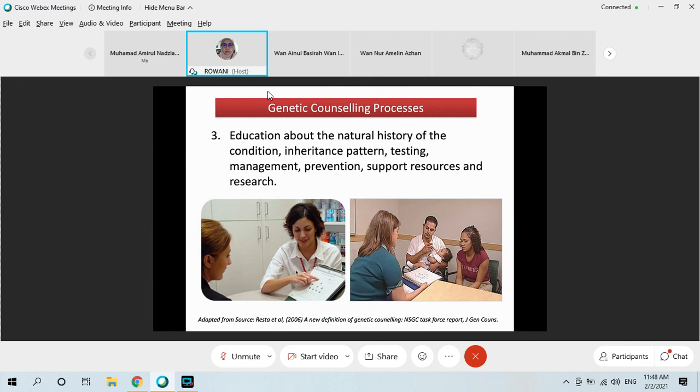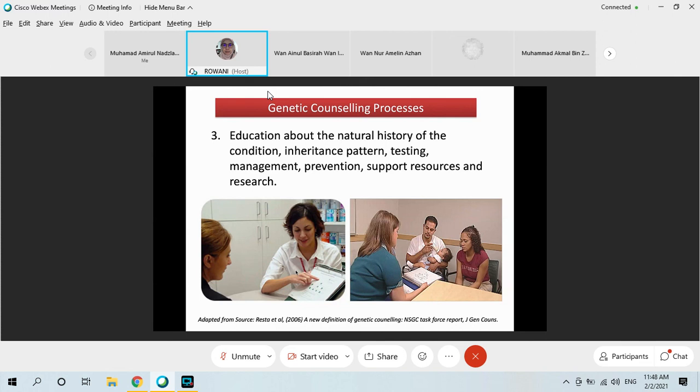Most of these genetic disorders are quite severe diseases that are disabling, devastating, expensive to care for, and with the potential of recurrence in future generations.